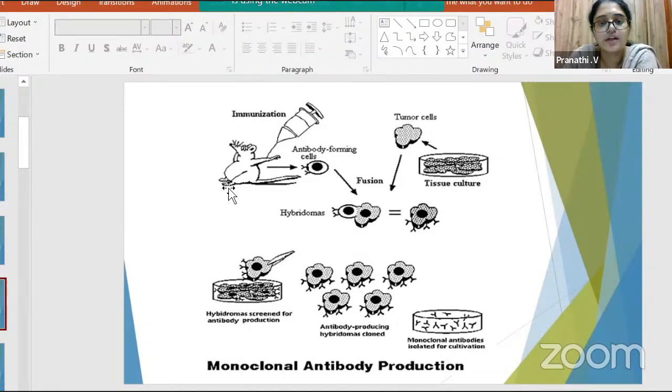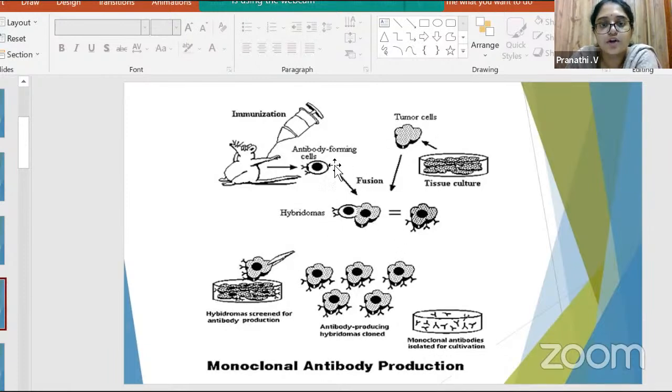When the serum concentration of the antibody is optimal, that is maximum, the animal is sacrificed, the spleen is removed aseptically and disrupted by mechanical or enzymatic methods, basically to release the cells. Then B cells of the mouse are extracted from the spleen, or the spleen of a rat or rabbit, in fact. Then they are fused with tumor cells. Tissue culture cells produce the tumor cells or the myeloma cells.